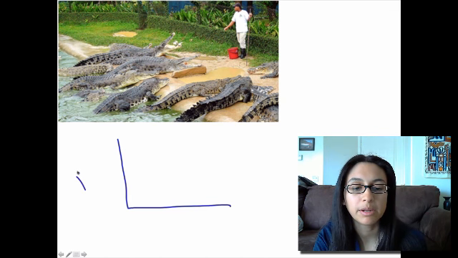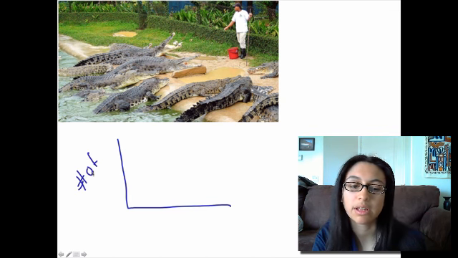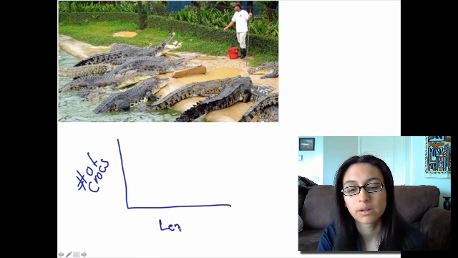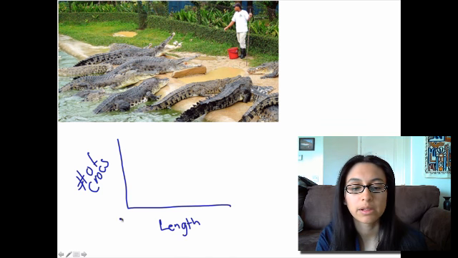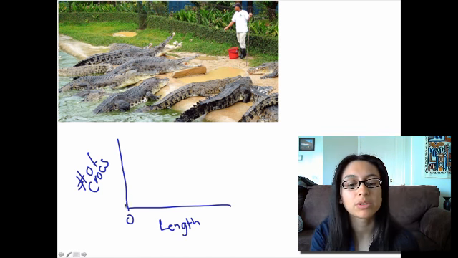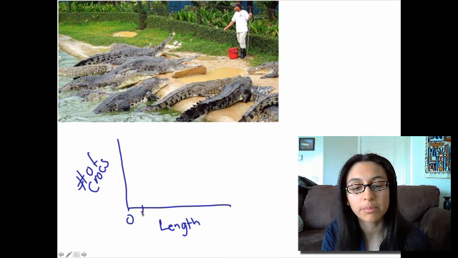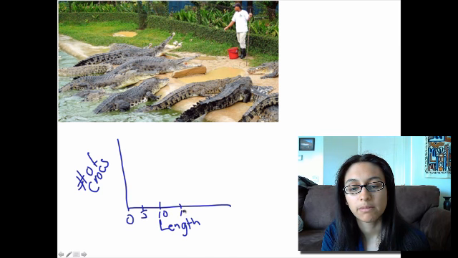On this side will be the number of crocs in the population that are a certain size, and over here will be the length. Okay, so let's say here we're starting with 0. And since we're focusing on the length, this will be the number. So as we go up, that's more and more crocs that are a certain length. So over here, I'm going to go ahead and put 5 feet, 10 feet, 15 feet, 20 feet.